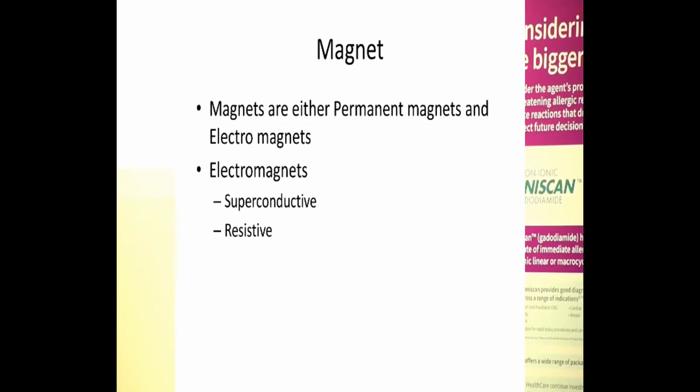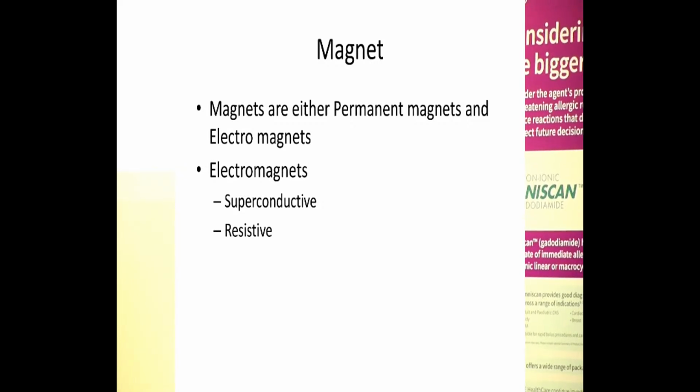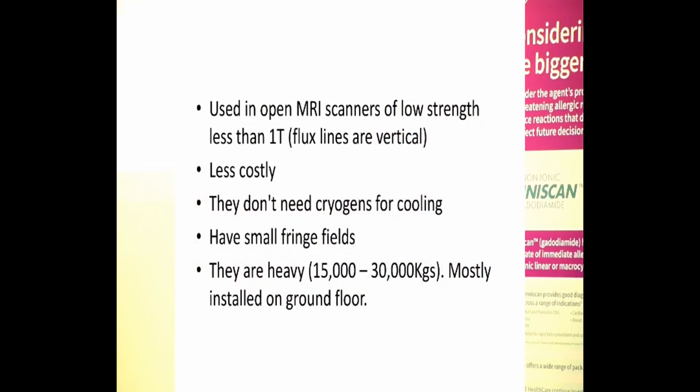For the permanent magnets, these magnets are permanently magnetized and do not depend on an external source to maintain their magnetic field. They are majorly used in MRI scanners, but their Tesla is very low, as low as 1 Tesla, and they are less costly.